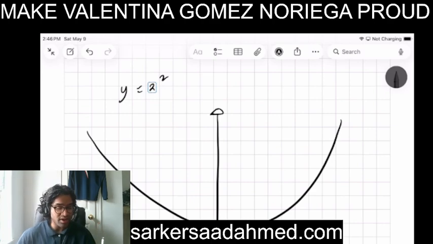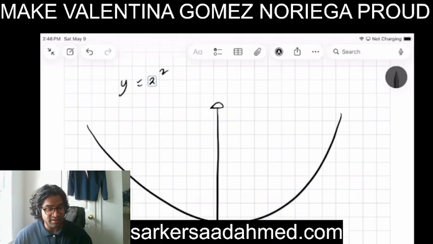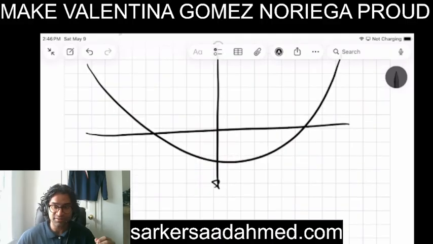When you have -3 it's 9, 3 it's 9, but every vertical line hits just once.